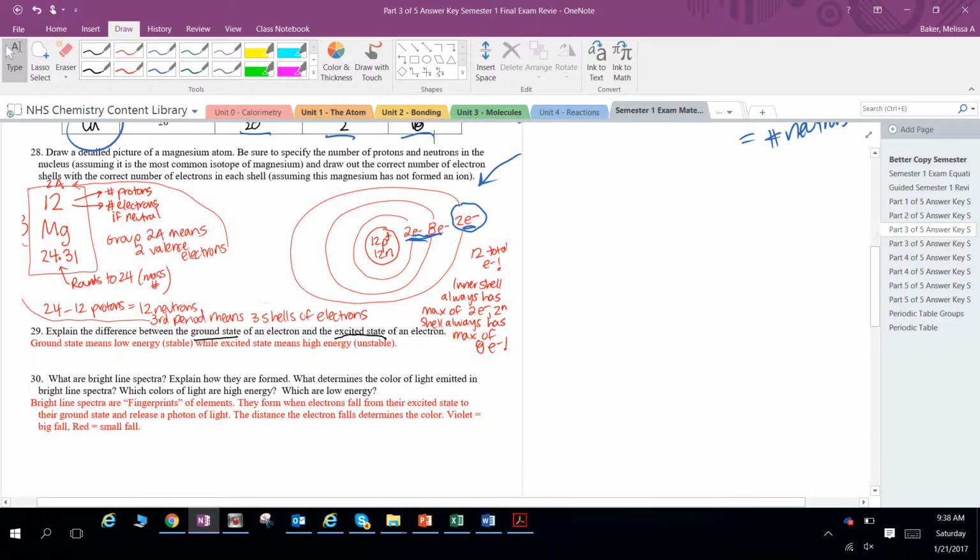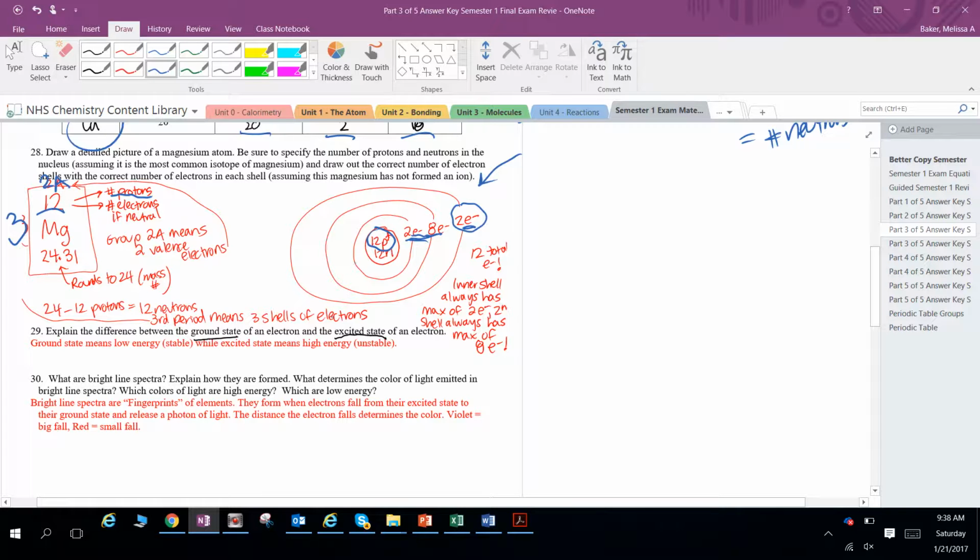For number 28, it says, what if you need to draw a detailed picture of a magnesium, for example? Magnesium is in period 3, group 2A. So that tells us some things. Also, it's number 12. So let's start there. Because it's number 12, we know it has 12 protons in its nucleus.